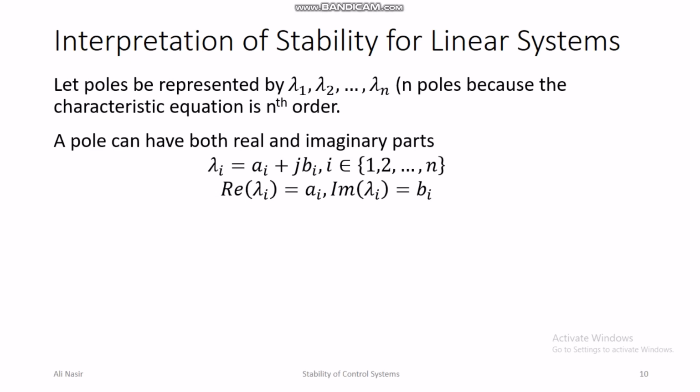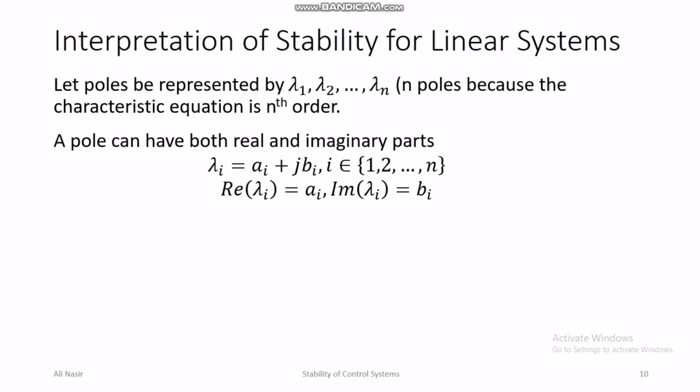Let me just state that if the characteristic equation has real coefficients, which is the case for almost all the systems that we study in this course, then poles can either be real, or they can be in the form of complex conjugate pairs. So the poles will be either real poles or complex conjugate pair poles.